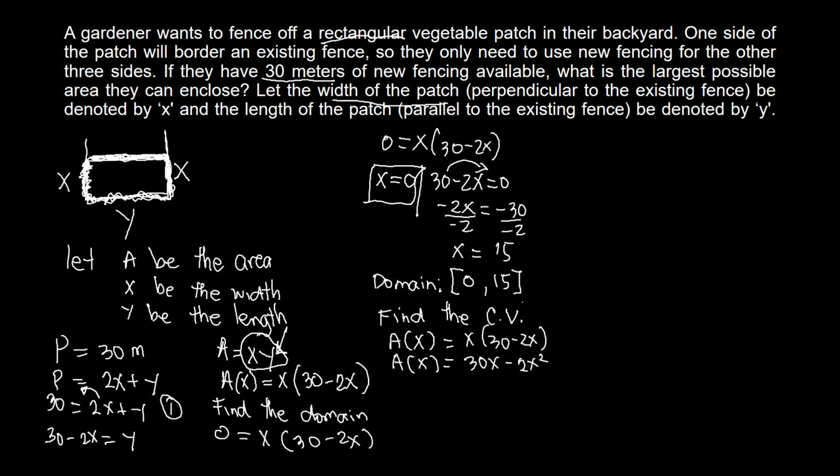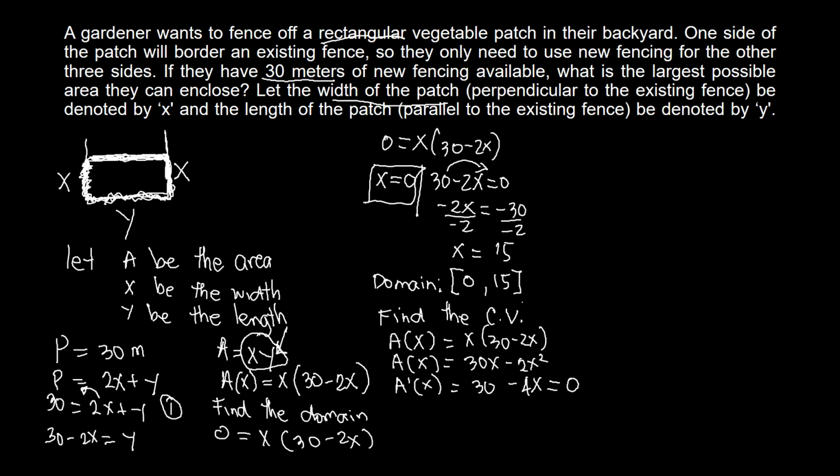Then we get the derivative of that one. So the derivative of A of x will be equal to 30 minus 2 times 2, that will be 4, and then an x. So this is our derivative, and take note, in finding the critical value, we set our derivative equal to 0 to solve for x.